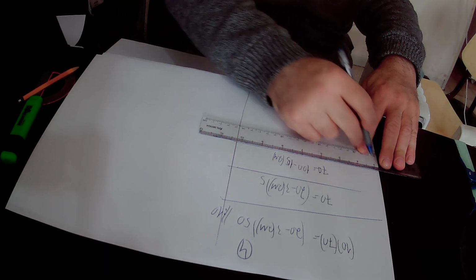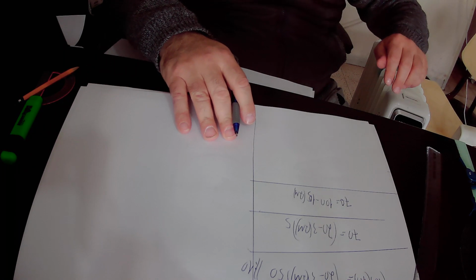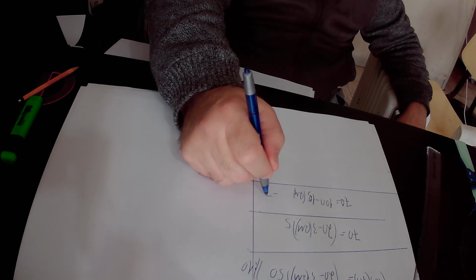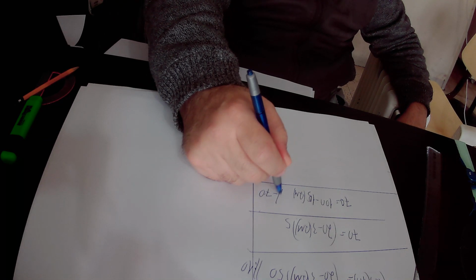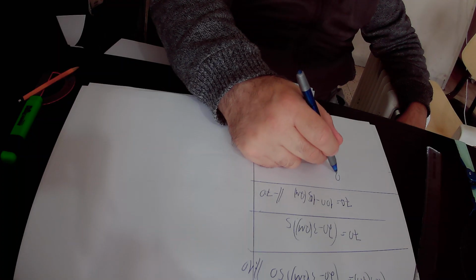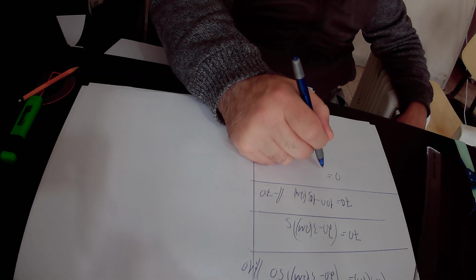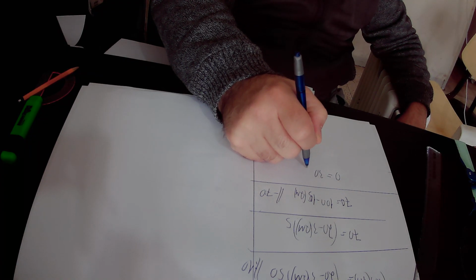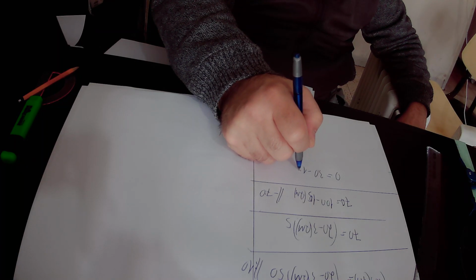Here we subtract 70 from this equation, and we get that 70 minus 70 is 0, and it equals 100 minus 70, which is 30, minus 15 QM.